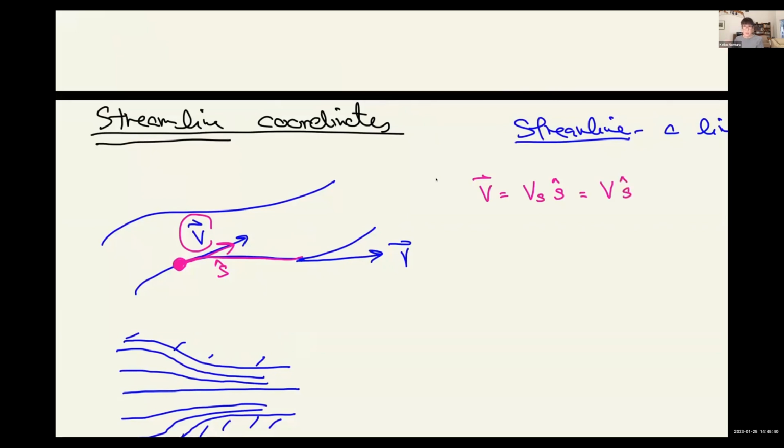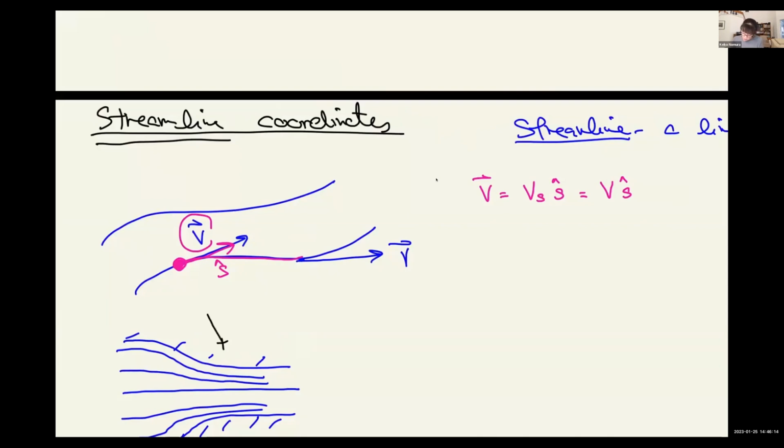So that significantly simplifies things. Now, if we just envision a 2D flow, then we'll also have to consider the normal direction. So let's call this N hat. Actually, I didn't draw it accurately. The way that I drew the streamline here, the curvature is such that the radius of curvature is maybe somewhere here.